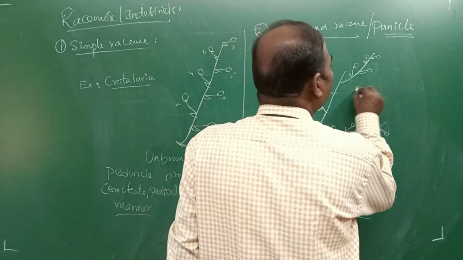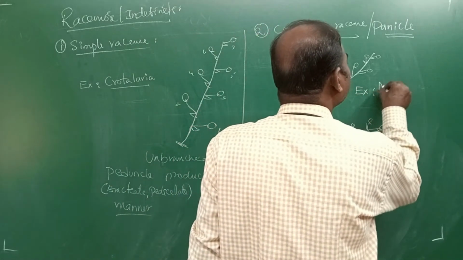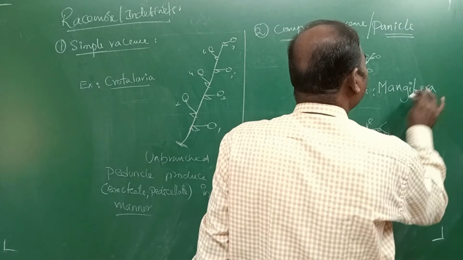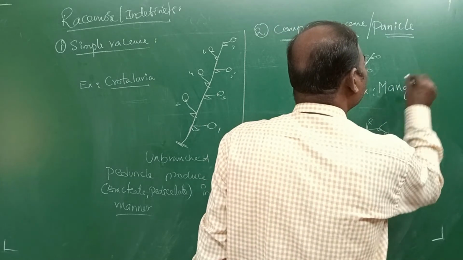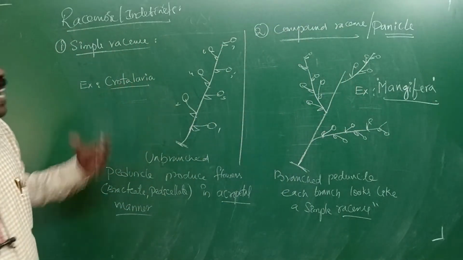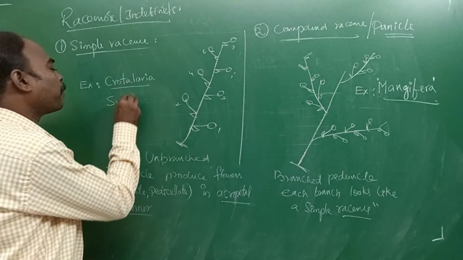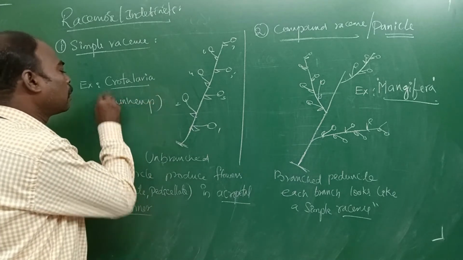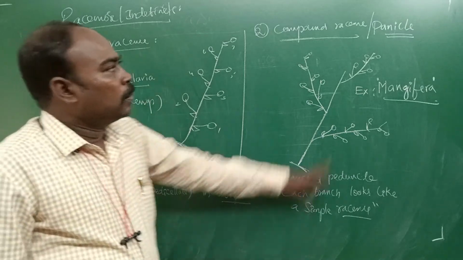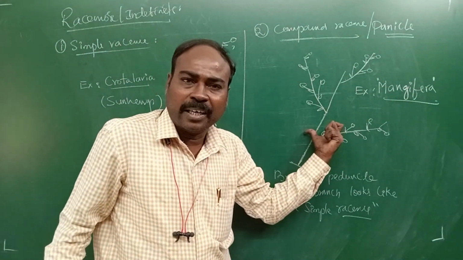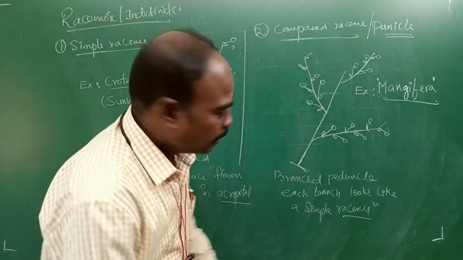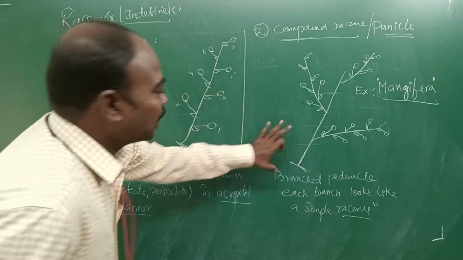Example, Mangifera indica, mango. So simple raceme, Crotalaria, sunhemp. Compound raceme, panicle, mango, right? Only one example is enough. That is about simple and branched.